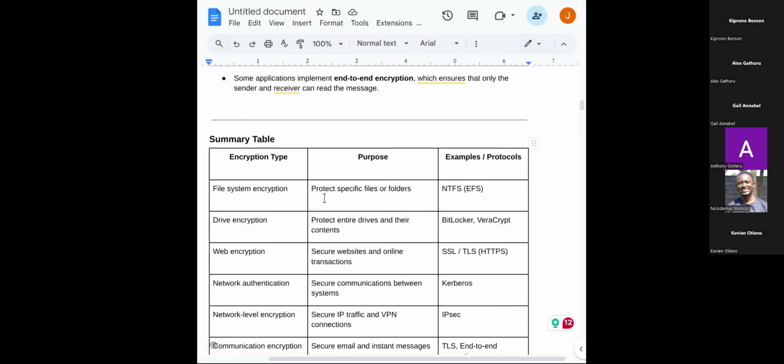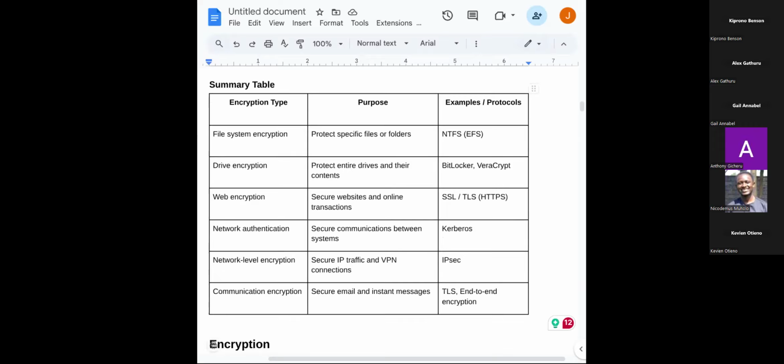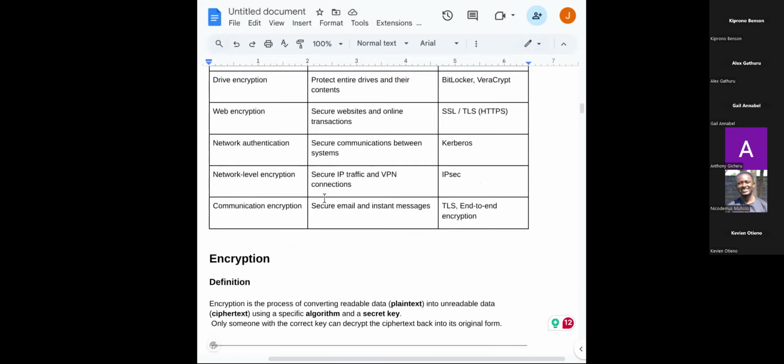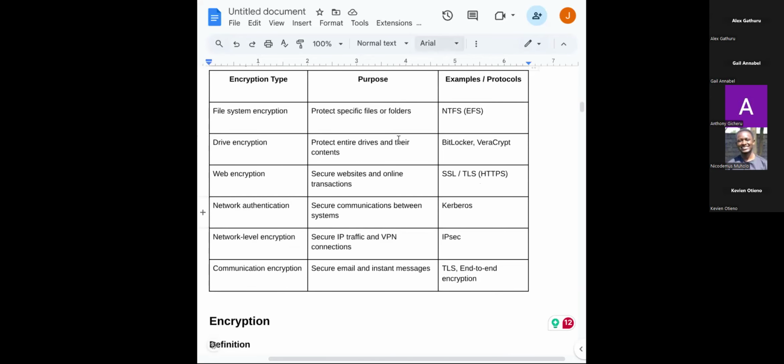All right. So here's a simple summary table of how you can encrypt data in various places. I'm going to let someone read this for us. Anyone who can read this for us, just unmute and read.